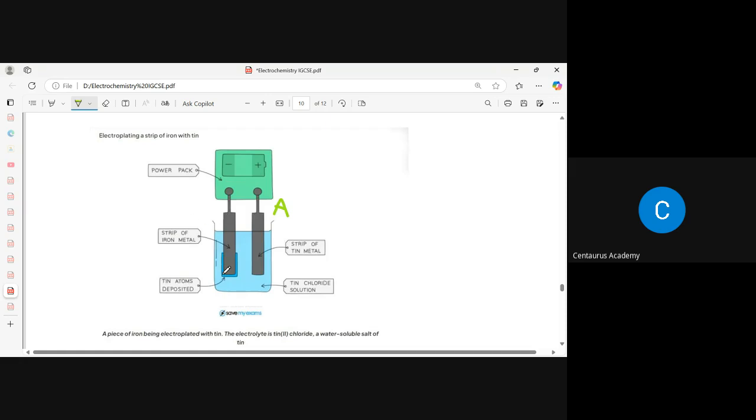And this strip of iron is placed onto the negative terminal, which means this is your cathode. So always remember, the cathode always has to be the object which has to be electroplated. So the tin will be deposited, and the tin ions from the tin chloride present within the electrolyte will be deposited onto the iron metal, and this is how the electroplating takes place. Okay.